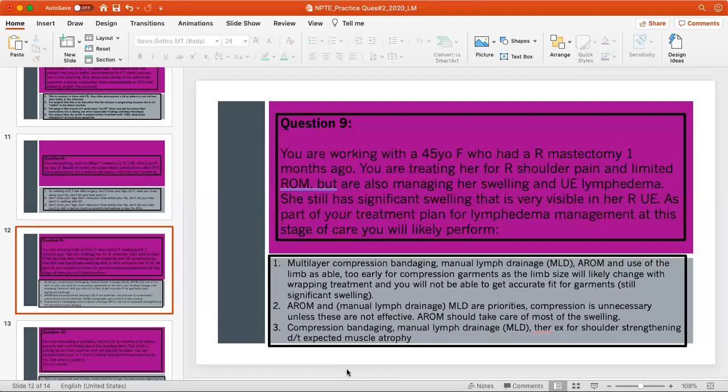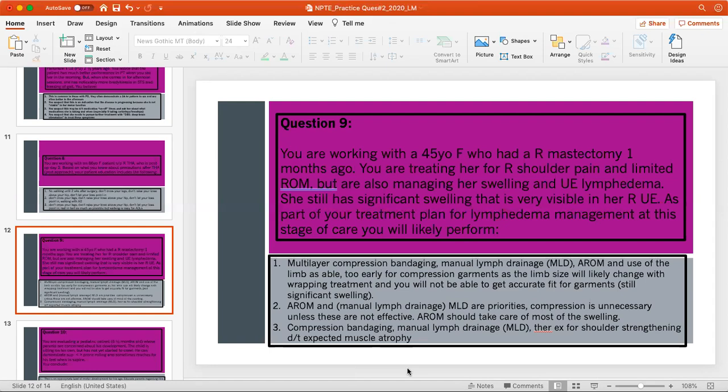But I feel like I remember the part about wanting to wait to order compression garments, because early on it's going to be so much more significant, and to work on getting the swelling out before ordering them. Okay. So that rings true for you. But I do think she probably needs to do some strengthening too. Okay.